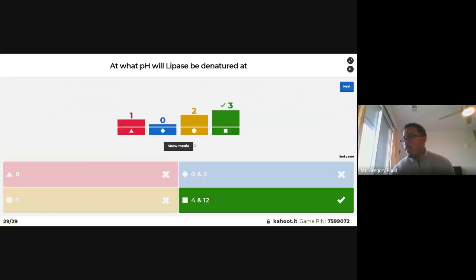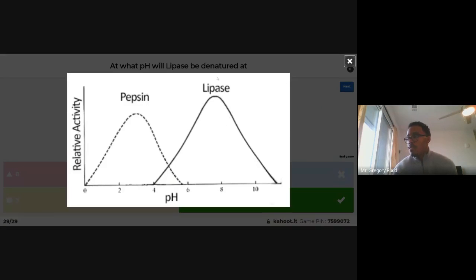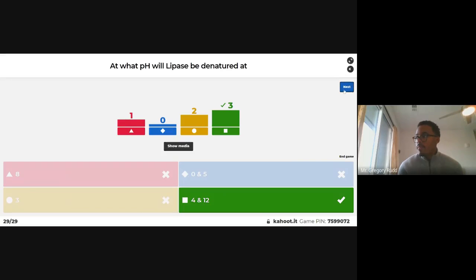Four and 12. You can see lipase is the solid black line. At a pH of 4 and below, it is totally denatured. There's no enzyme activity. And then at a pH of approximately 12 and above, there's also no enzyme activity.